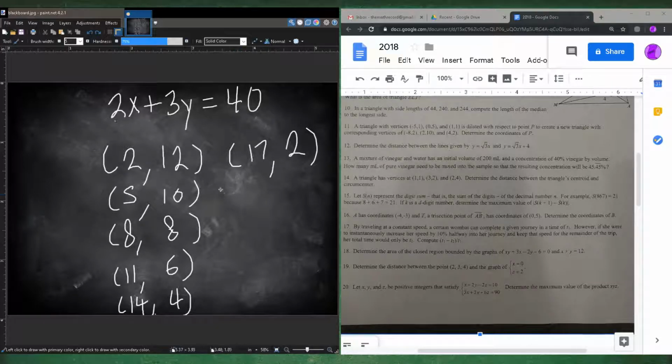So all you have to do is, we have 2x plus 3y is equal to 40. So why don't we just find something we could substitute and then cancel out? I notice on the bottom, it says 3x plus 3y plus 6z is equal to 90, right? And I know that 2x plus 3y is equal to 40.